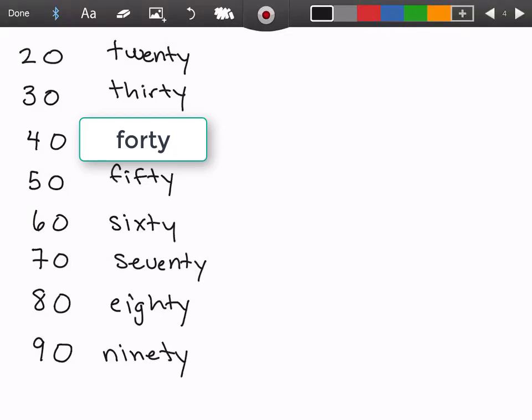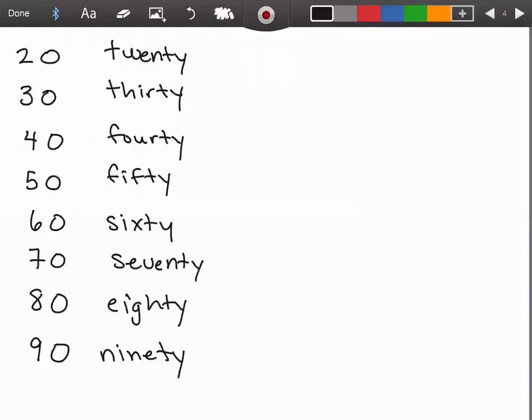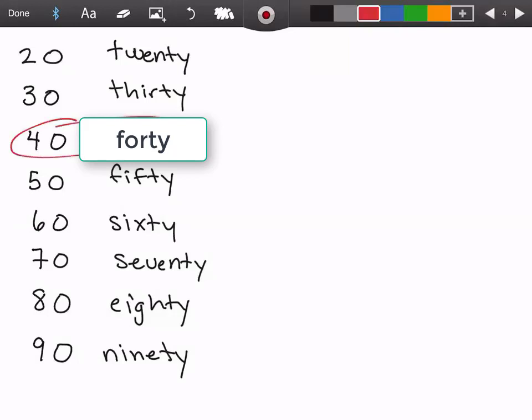All right, one last special rule is for when we want to combine a number in the tens place and a number in the ones place, specifically starting with 20. So for 20 through 99, we write these in a special way. We hyphenate them. For example, if we have a 4 in the tens place and a 7 in the ones place, the 4 is in the tens place, so we write that as 40.